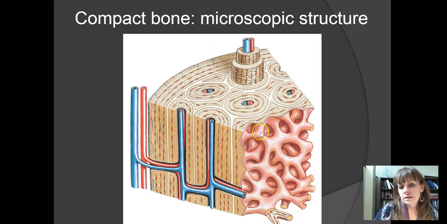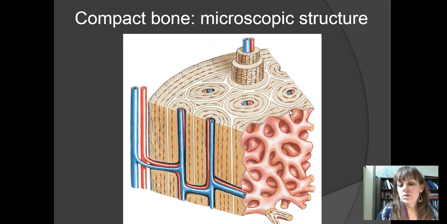Now, what you'll notice is out here the bone changes. So this is compact, and then over here is going to be spongy bone. Okay, and you notice each little individual projection. Here's a projection, here's a projection, here's one, here's one. These are called trabeculae, and they essentially make up the web of spongy bone.